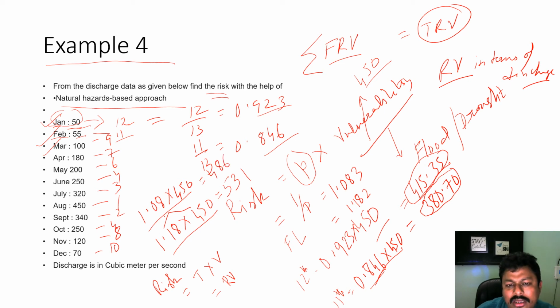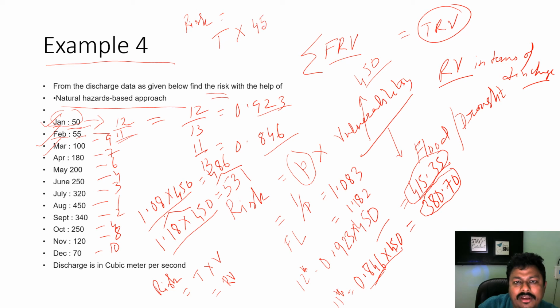So naturally 486 is lesser than 531. So the risk value of the 12th rank discharge is lesser compared to the 11th rank discharge. So this is the correct picture. In the same way, you have to calculate the risk value of each discharge by multiplying the return period of the discharge with the vulnerability, which is assumed to be the highest value in the data set.